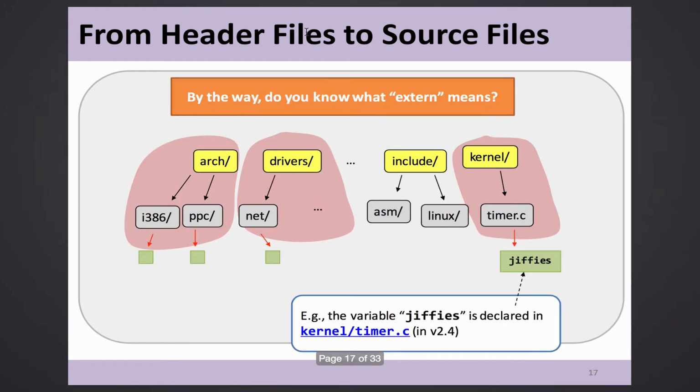Okay, and let me ask you a question. This question is very important. Who doesn't know extern? Oh, you are confident. Only one says no. I don't know extern. Yeah, be more confident to say I don't know. Okay. For those who know, what is it? Jason, what is it? Okay.